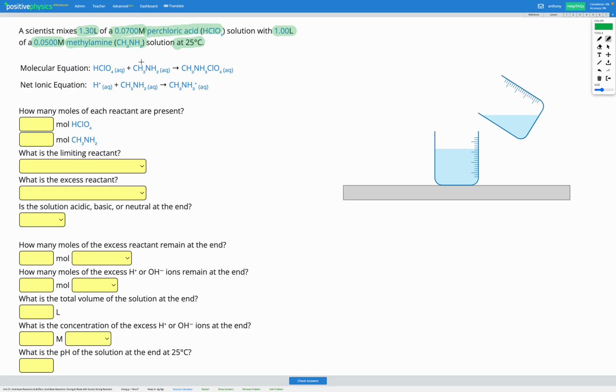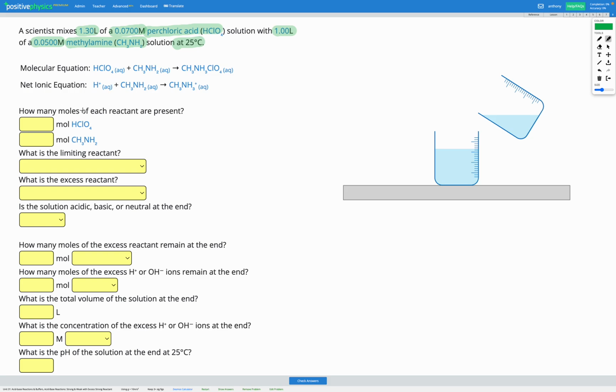We can see that because methylamine is a weak base, we see it in full in the net ionic equation, whereas because perchloric acid is a strong acid, it's been split up into its ions, and the spectator ion, which was the ClO4 ion, has been removed from the equation.